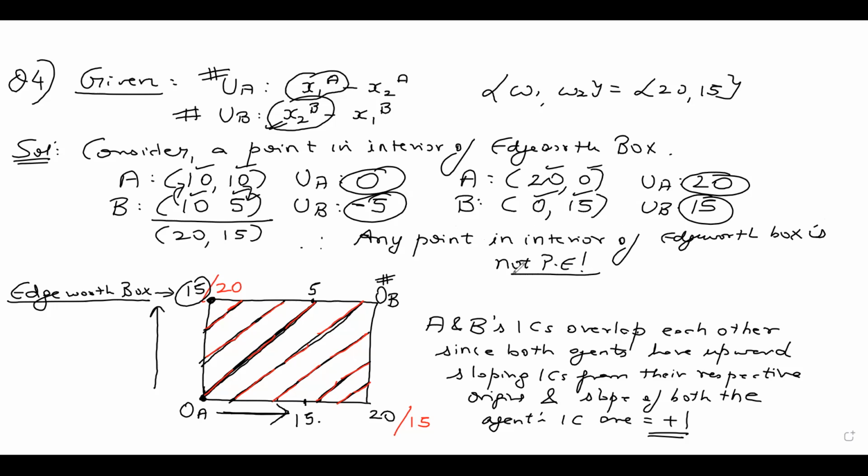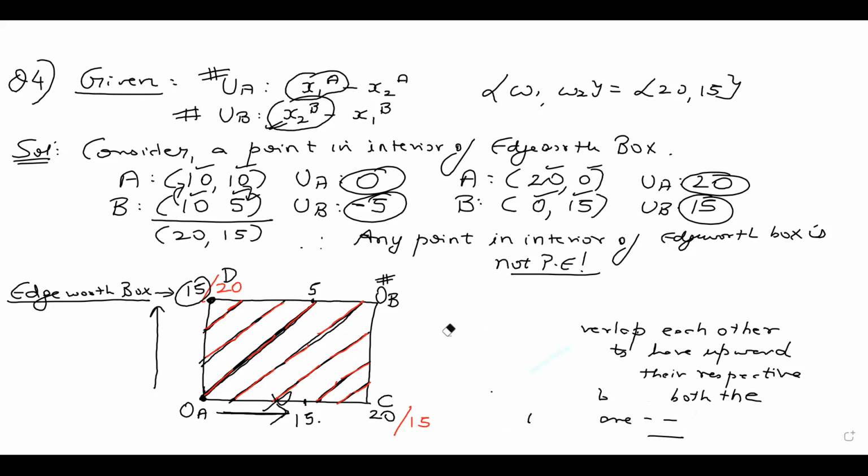Okay, so now let's look for corners. So again, guys, by similar logic, no point here will be Pareto efficient, suppose I call this C, suppose I call this point D. No point on OAC is Pareto efficient. Or let's check if it's Pareto efficient. Let's take a point on OAC.